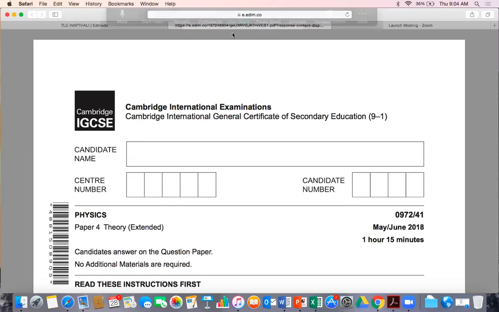Okay, we'll just wait for a couple more minutes because Mehak is having difficulty trying to come in. And then we will start.